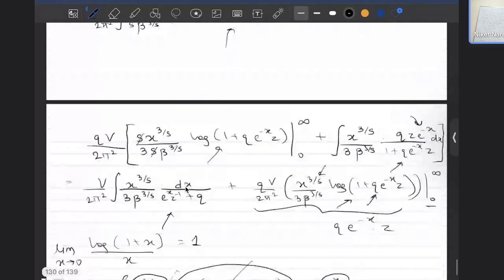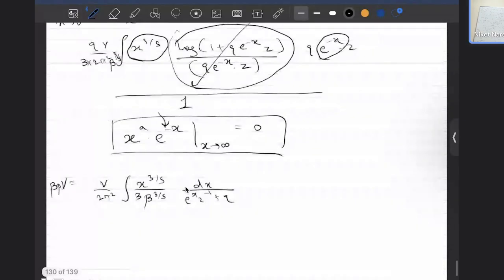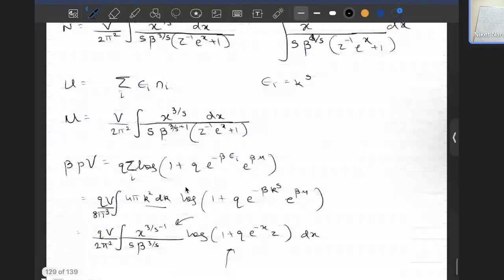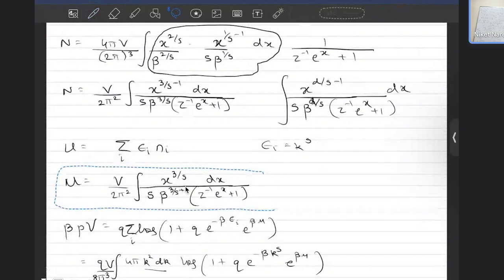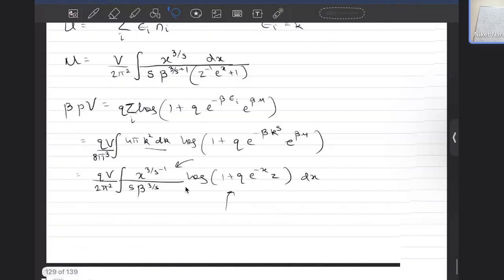Yeah, actually, that is what I want. What I'm getting is correct, actually. Yeah. So this is beta PV, and let's see what is u.